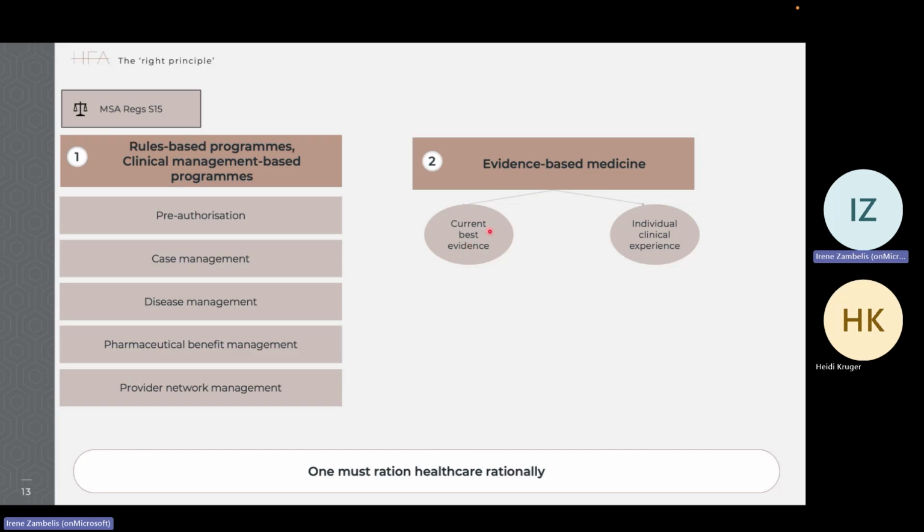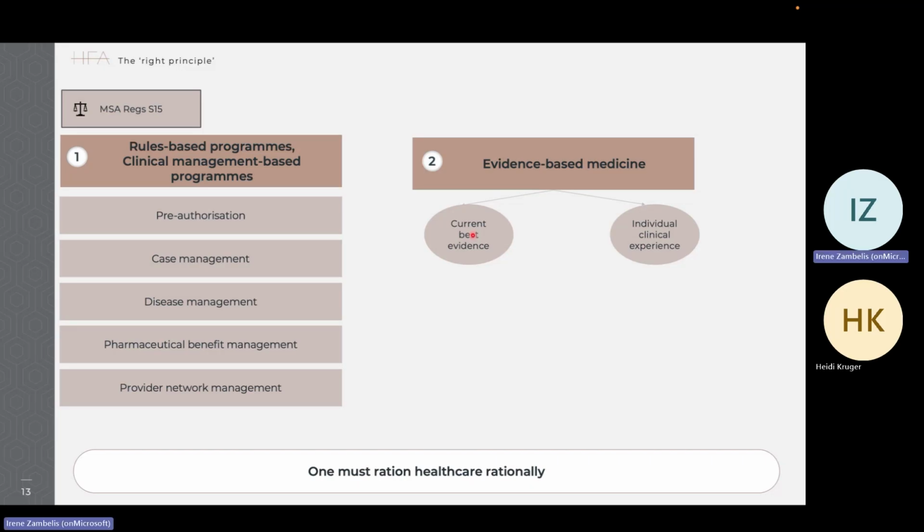But it's not just limited to this, because we know current best evidence is what schemes use to put their protocols in place, which is a treatment plan.